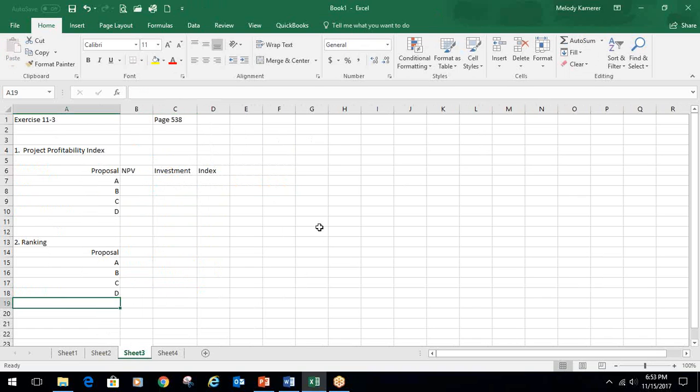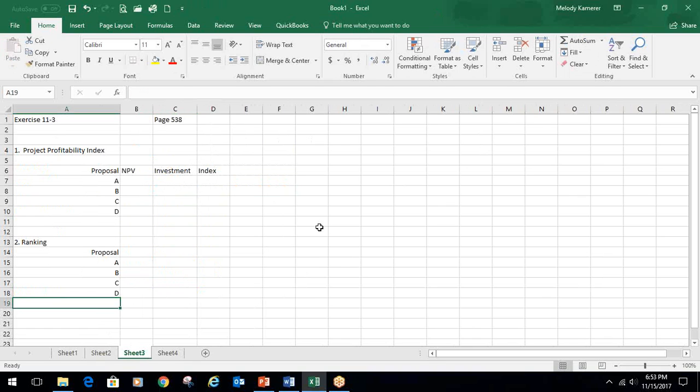Now we're going to look at exercise 11-3. 11-3 is looking at ranking of investment projects. If you've read your chapter, which I hope you have, you will remember that there were a couple things we looked at: screening decisions and then preference decisions.